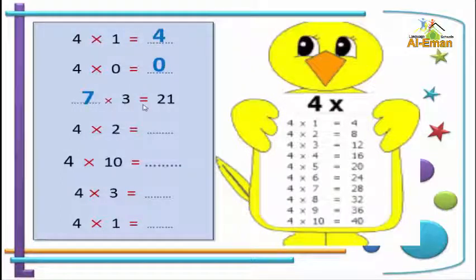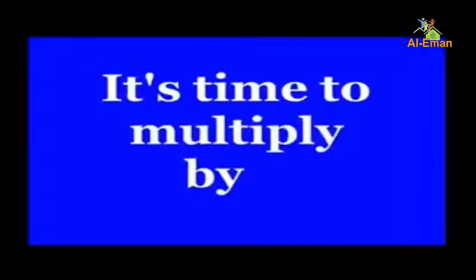Excellent, 7. 7 times 3 equal 21. 4 times 2 equal 8. 4 times 10 equal? Excellent, 40. 4 times 3 equal 12. 4 times 1? 4. Excellent.